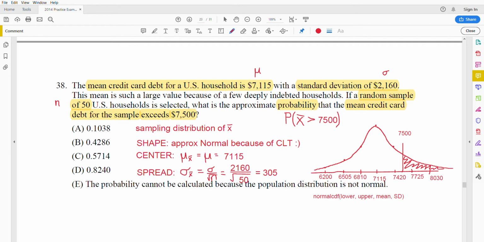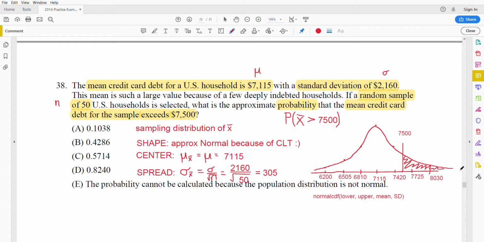Okay. So let me pull up my calculator now, and we're going to press second vars, and there's the command normal CDF. Now the first thing I need to input is the lower bound, so my shading starts at 7,500, and then it extends all the way to the right, so that's all the way to infinity.